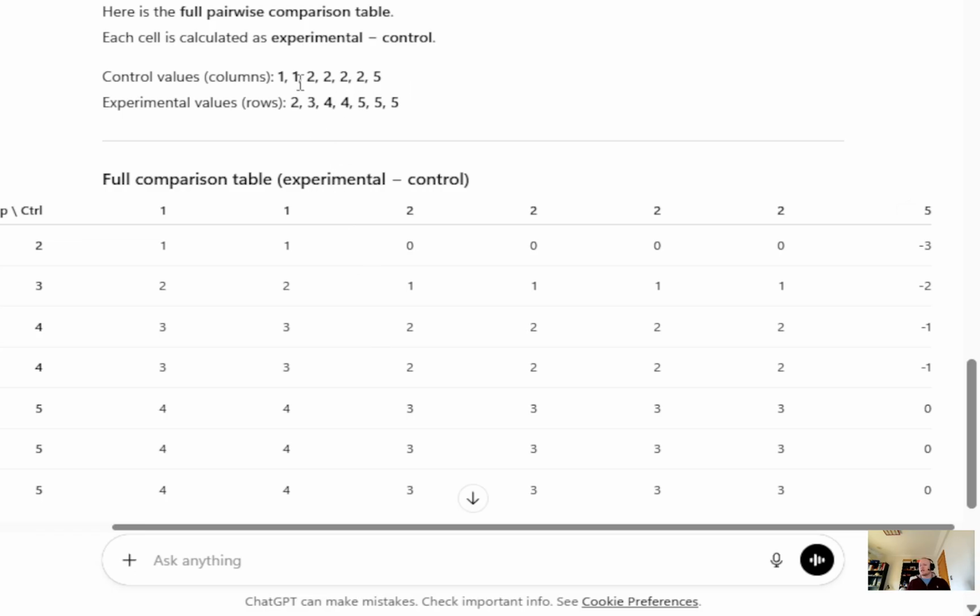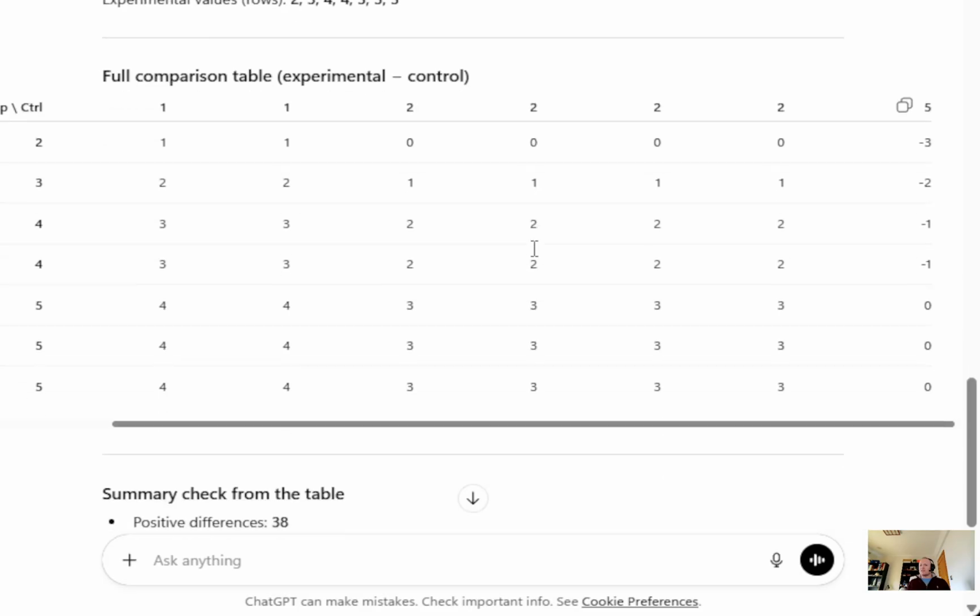And that's why, although this matrix of course lists the absolute differences, anything above 0 will count as a positive difference. Any 0 will be counted as a tie, and any negative difference, which we also have here, where the value in the control group is 5 and in the others it's lower.